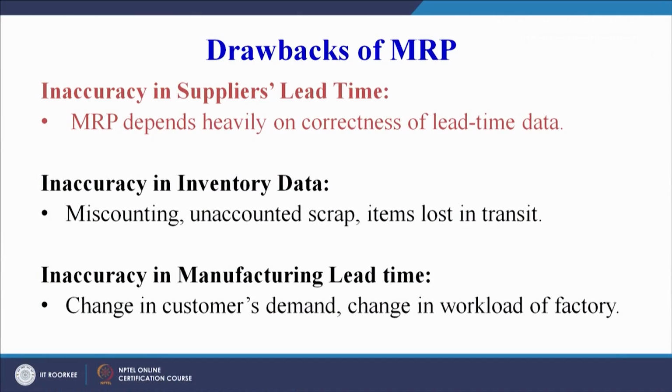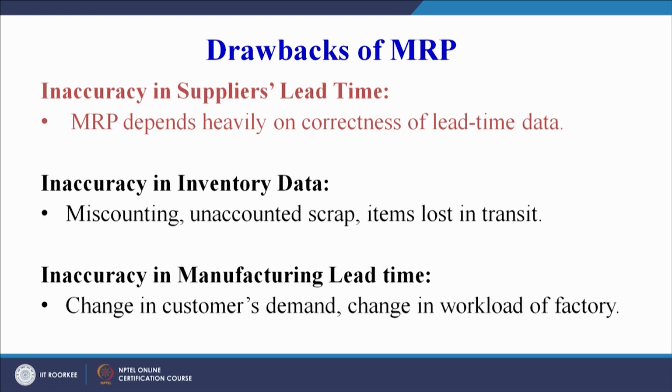Then sometimes our inventory data or inventory status file may not be up to the mark, and therefore if we have wrong data from the inventory status file, MRP system will not be able to work efficiently and may give us erroneous results. And similarly, inaccuracy in manufacturing lead time. We know that the route sheet is available with us.